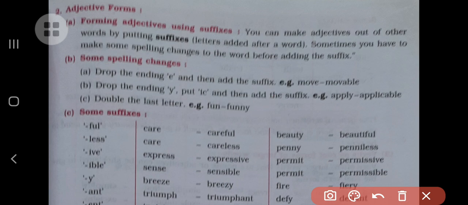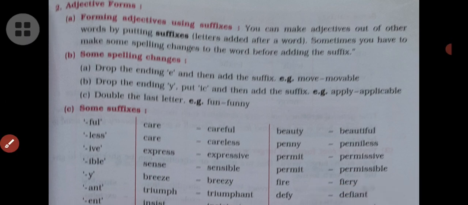So what is the last letter of the original word fun? N is there. So look now, when we make it an adjective, what are we doing? We are doubling the last letter, and after that we are adding y. So funny. In this way we can form adjectives, right?